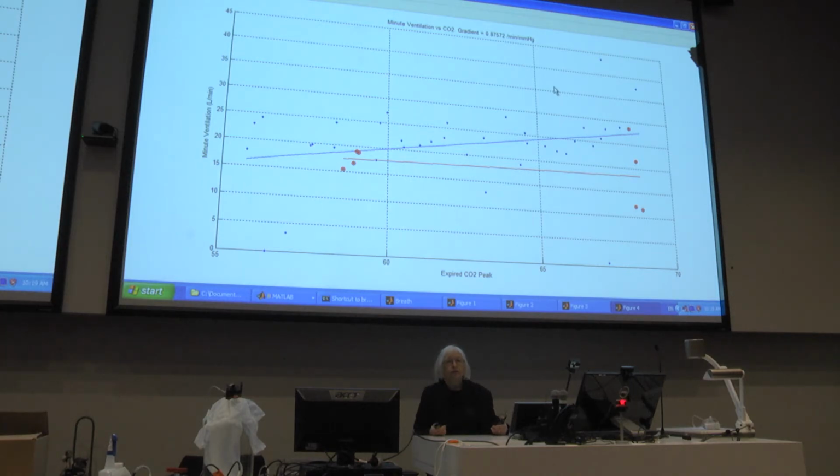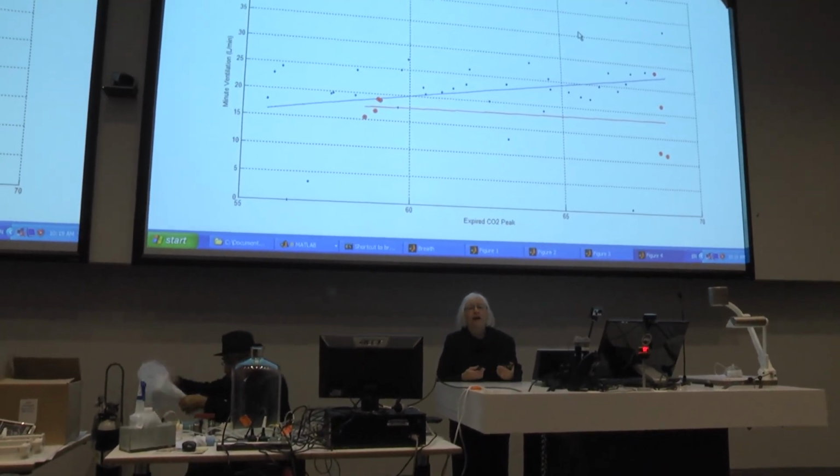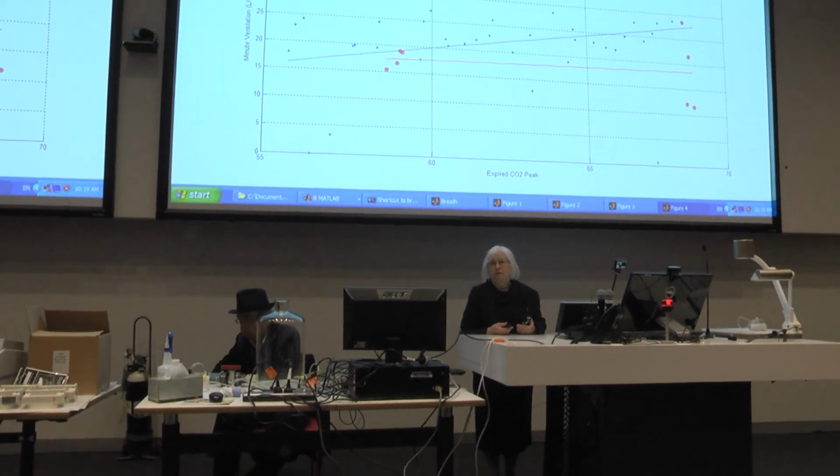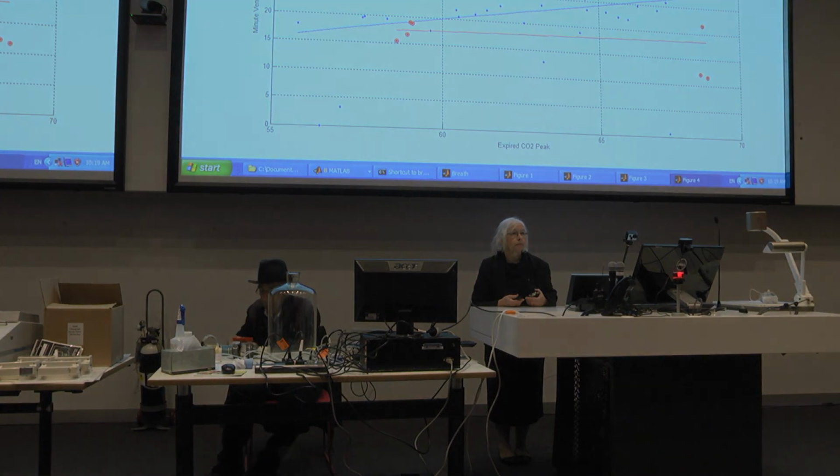And so significant increases in the work of breathing, whether it be increased airway resistance or reduced compliance, may impact adequate ventilation. And that can be a big problem, as you can imagine.